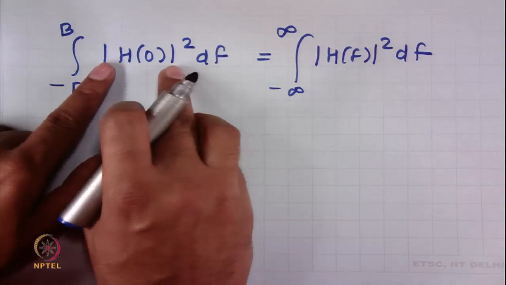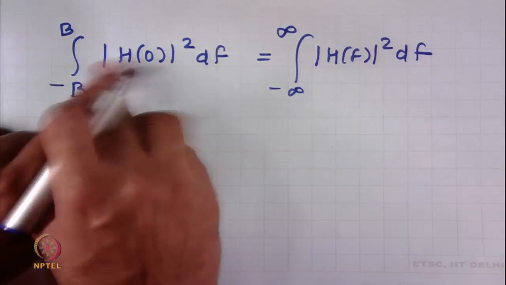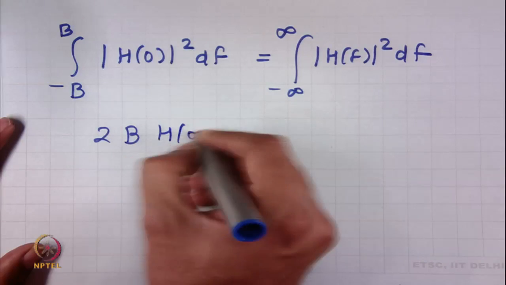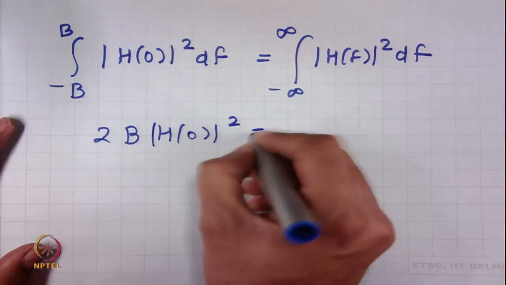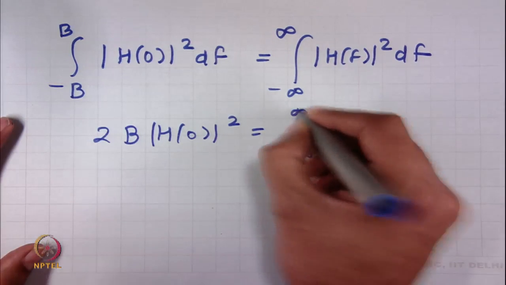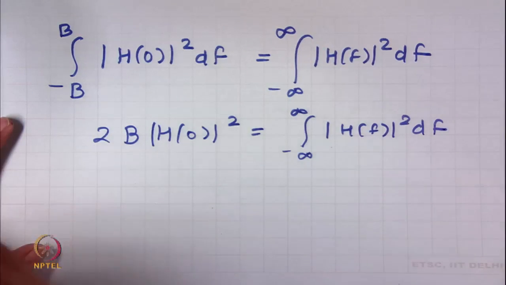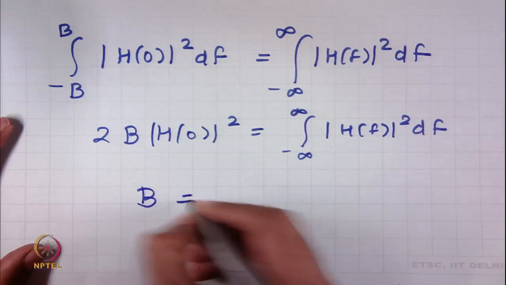And because this quantity is independent of frequency, I can pull this out and I get this thing, and from here I can find the bandwidth.